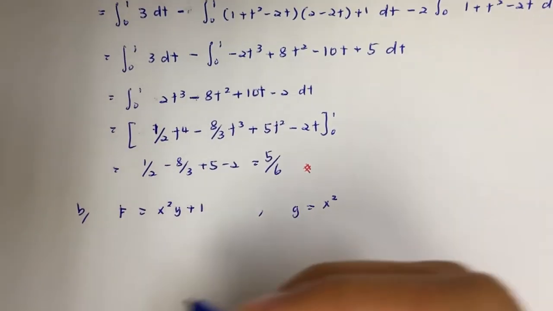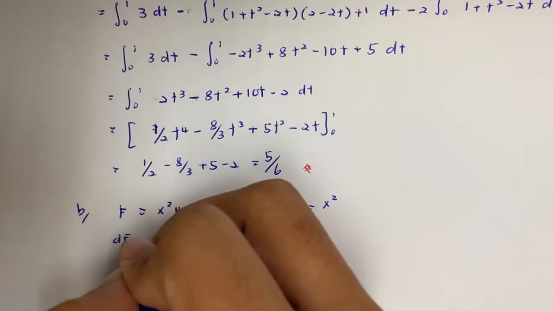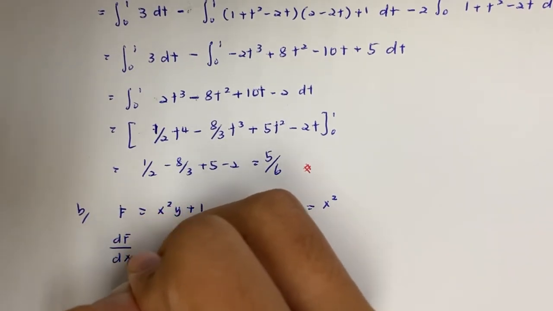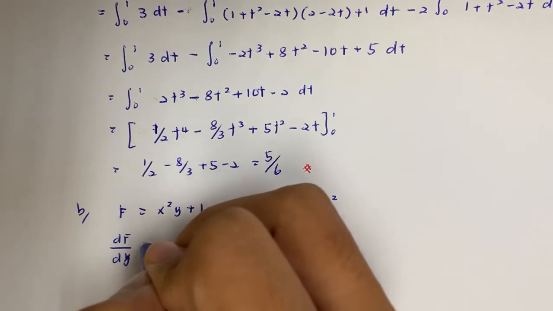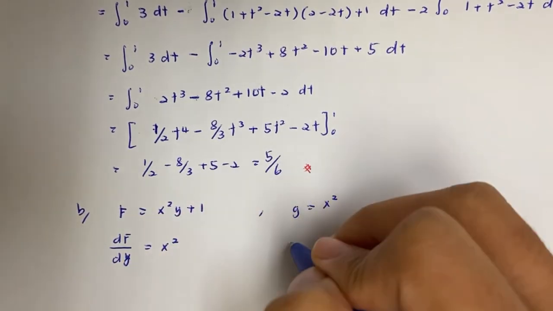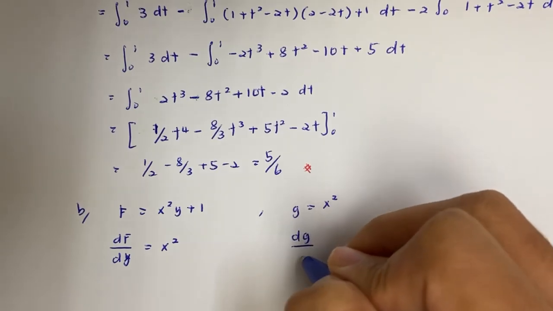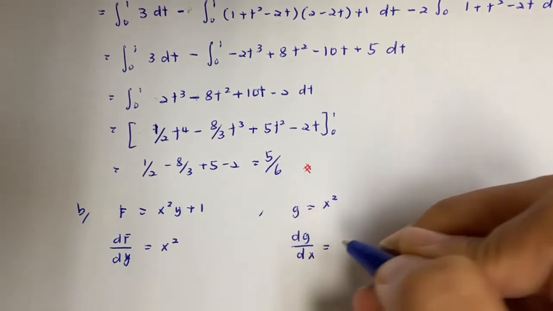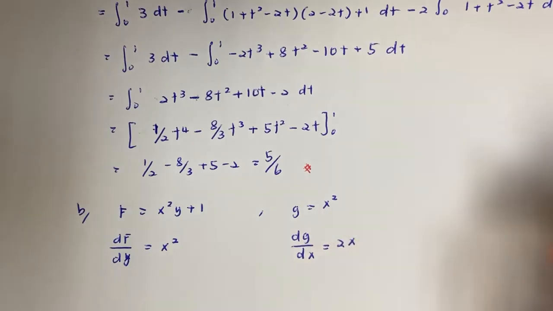For f, we find df over dy, which is x square. And for g, we find dg over dx, which is equal to 2x.